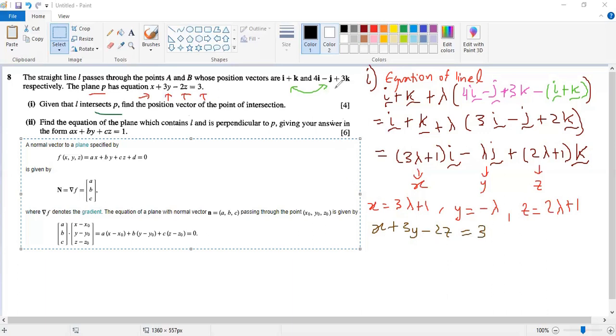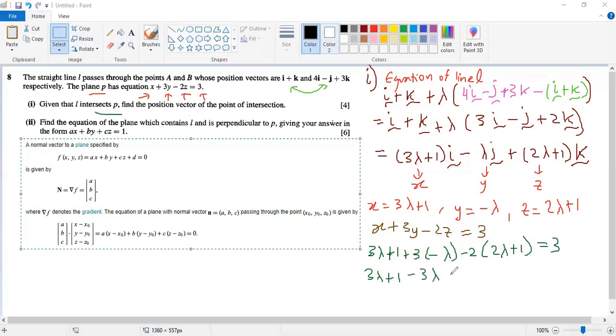Let's substitute. So 3 lambda plus 1, plus 3 bracket minus lambda, minus 2 bracket 2 lambda plus 1, equals 3. Let's simplify this further. Plus 1 like that.